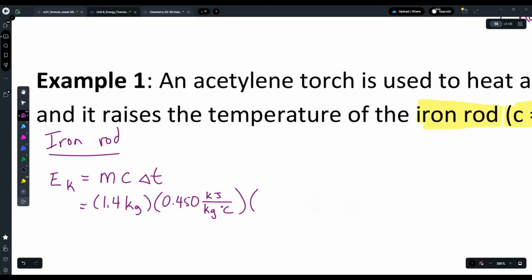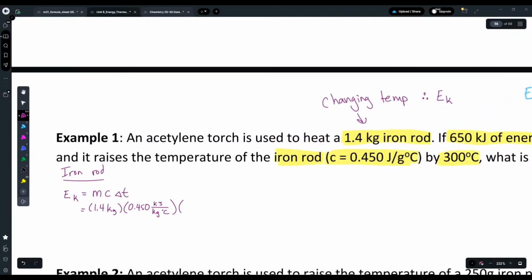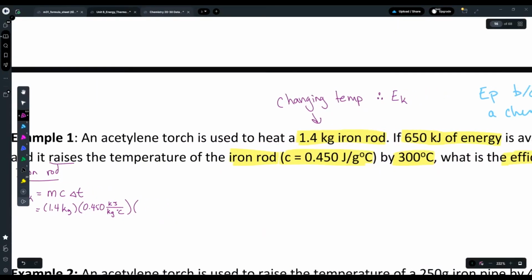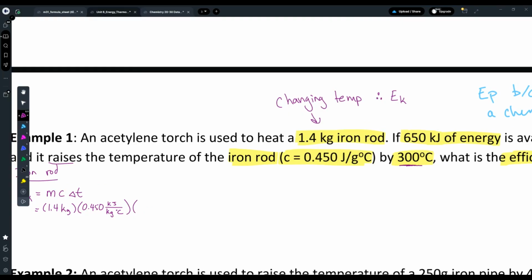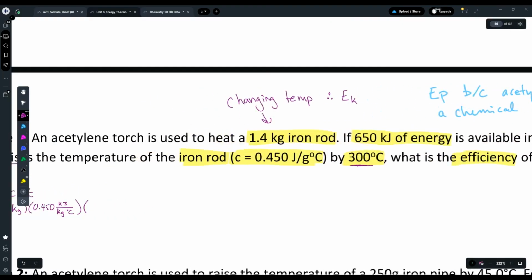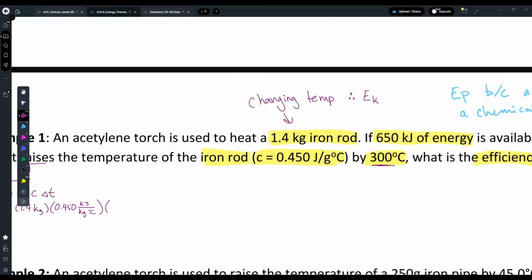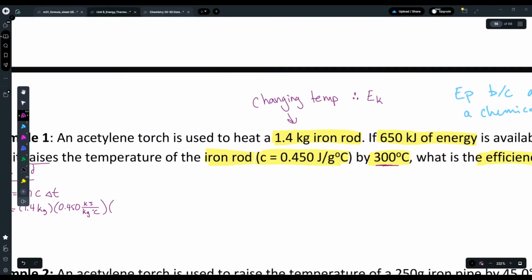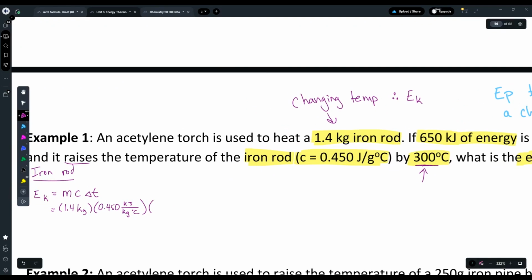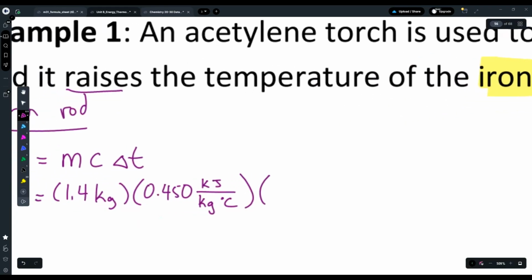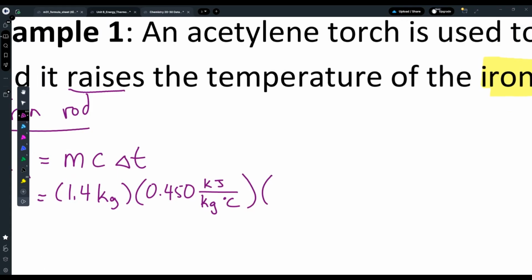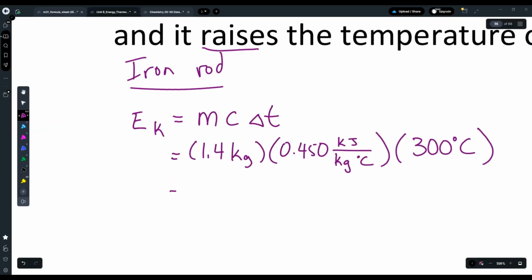Okay, so the change of temperature, it says it raised the temperature by 300 degrees. My bad, I read it wrong a little bit before. So this isn't the final temperature. It tells us that the temperature was raised by 300 degrees. Raised means that it's a positive 300 degrees Celsius.